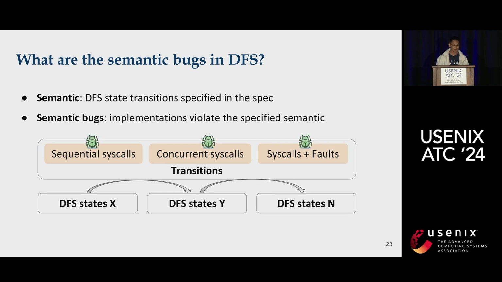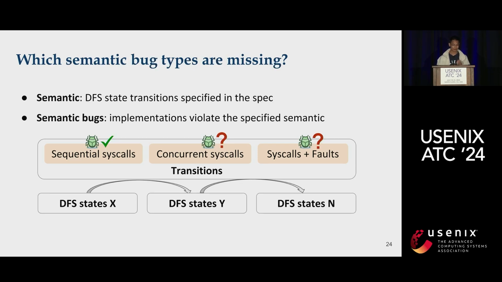Once the file system implementation violates the specified semantics, that means there's a semantic bug. And semantic bugs happen in different scenarios, like sequential execution, concurrent execution, or even syscall execution under distributed faults.